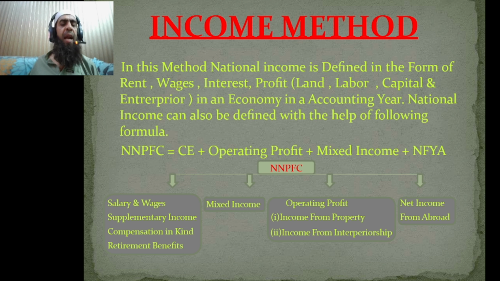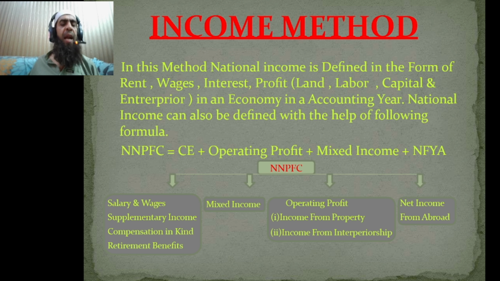This income method we also call the factor method, because there are four factors of production in an economy in an accounting year. National income can be defined with the help of the following formula.